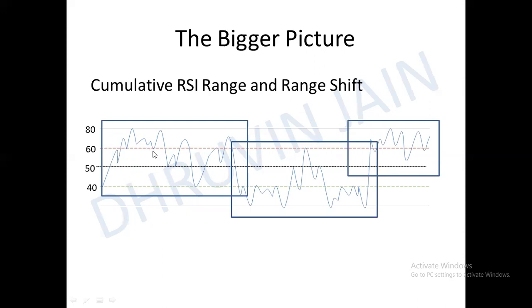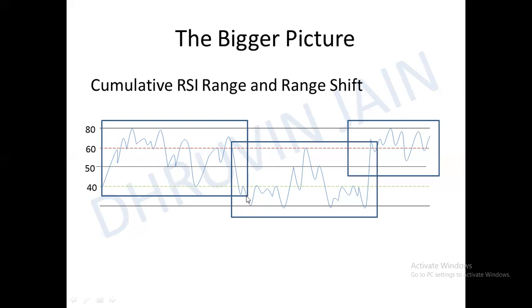Actually, 60 acts as a great support in a bullish range. 50, the neutral zone, also starts acting as a great support. 40 is obviously a very strong support region. And the uptrend structure shifted to a lower high, lower low structure, and RSI also started seeing downward momentum. RSI broke this 40 region.